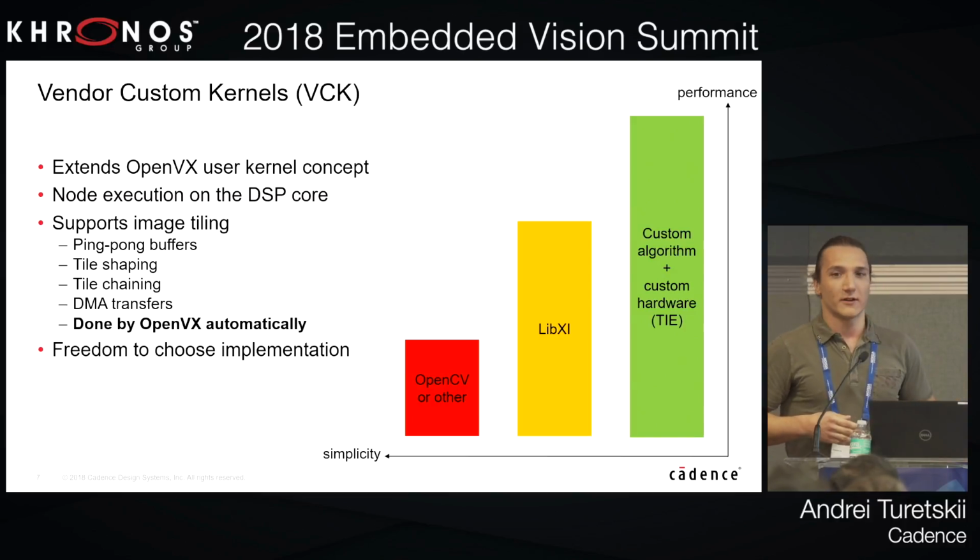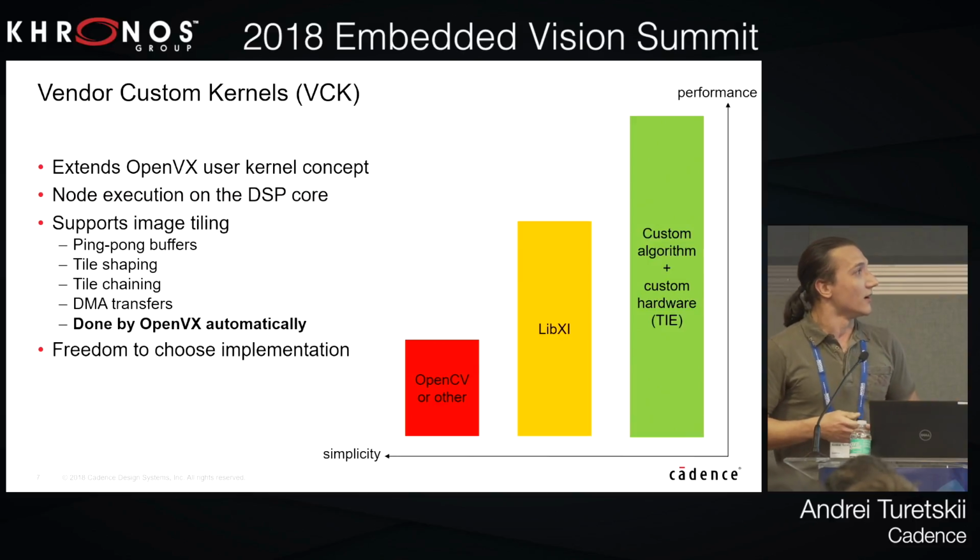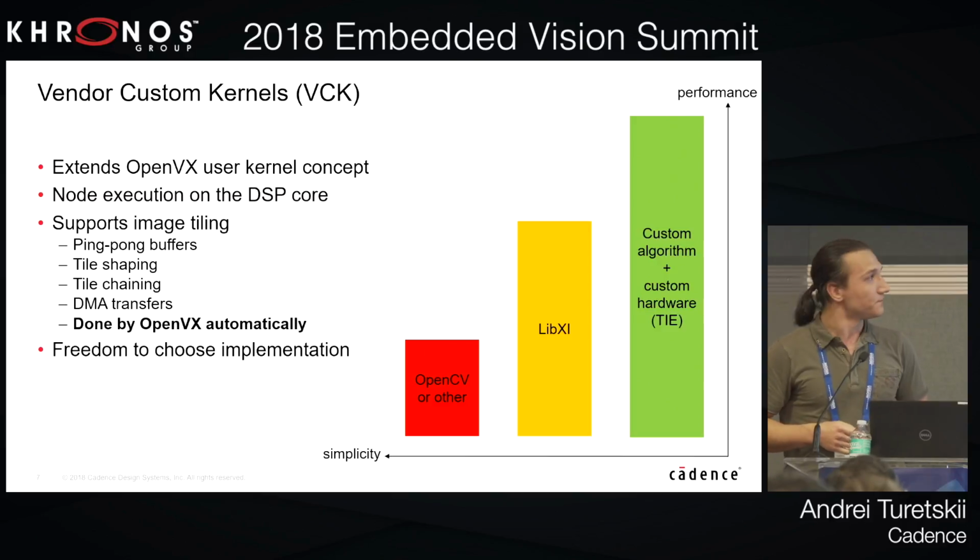Or the developer can write their own algorithm and add custom hardware to the core using Verisilicon instruction extension, which is a very Verilog-like language, and get the best performance.